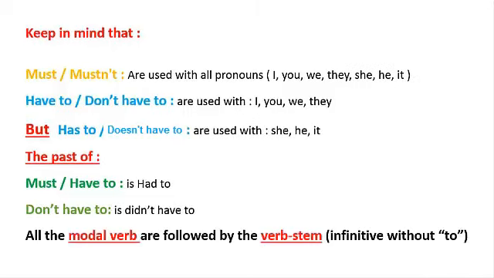And the last thing that you keep in mind is that all the modal verbs are followed by the verb stem. That means the infinitive without to. You say, I can't speak Chinese. I mustn't speak in class. Not I mustn't to speak. No, followed by the verb stem.